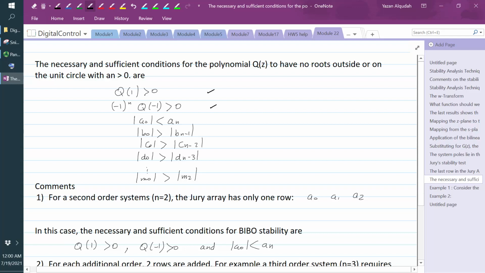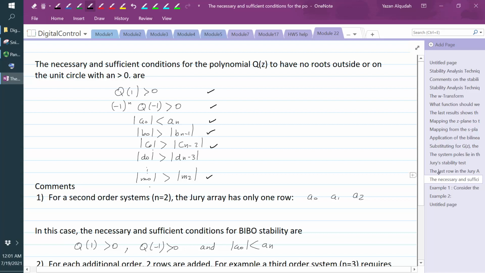Then the absolute value of a0 has to be less than an. The absolute value of b0 has to be greater than the absolute value of bn-1. c0 has to be greater than cn-2, all the way to the absolute value of m0 being greater than the absolute value of m2.